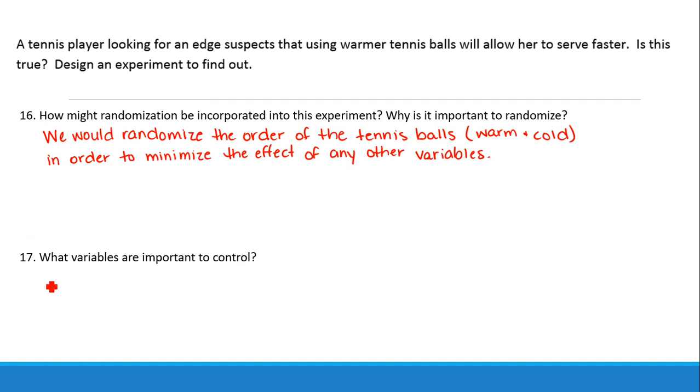What variables are important to control? So this would be like the type of tennis ball, the direction, the weather, the court, and you could come up with many other things to control.